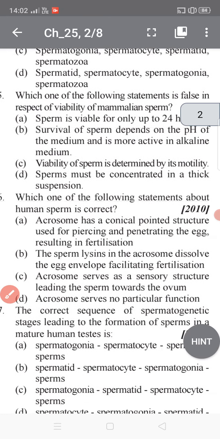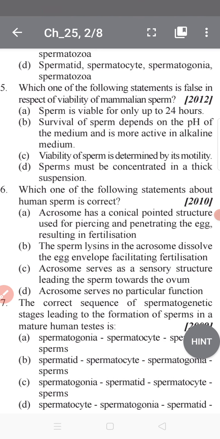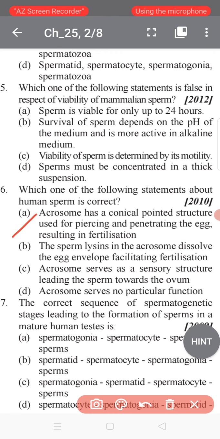Now question number 16. Which one of the following statements about the human sperm is correct? So we have to read carefully. Option A: the acrosome has a conical pointed structure used for piercing and penetrating the egg, resulting in fertilization. Penetrating means entering. Option B: the sperm lysins in the acrosome dissolve the egg envelope, facilitating fertilization.